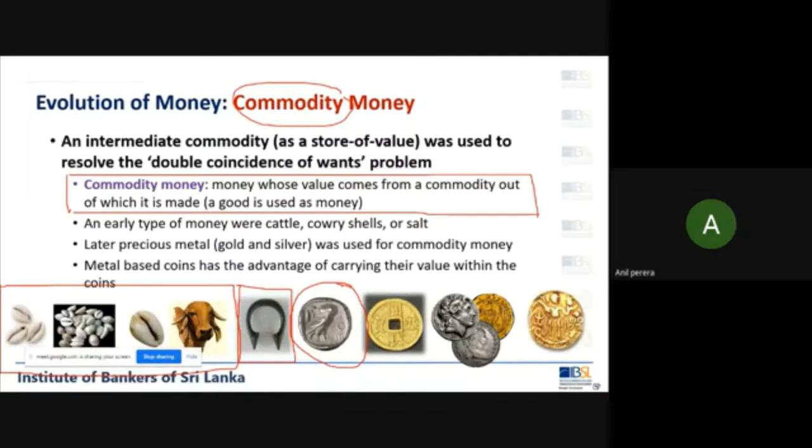During that time, the first coin was issued in a place called Lydia. In Greece, there's a place called Lydia. That was the very first coin issued in Lydia.